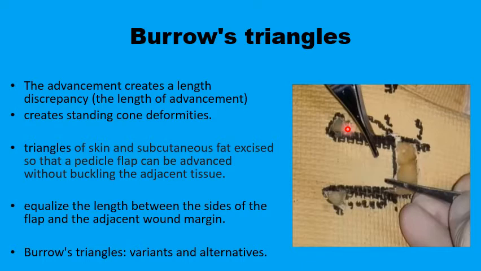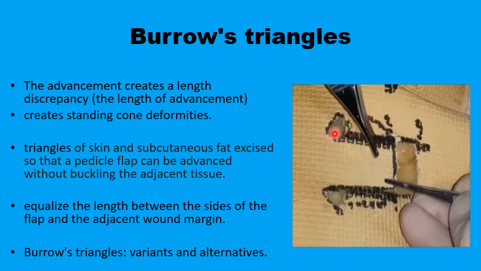The need to excise some tissues from the wound edge in order to flatten the wound after mobilization of the flap into the defect. The simplest form of these Burrow's triangles are equilateral full thickness skin and subcutaneous tissue triangles.